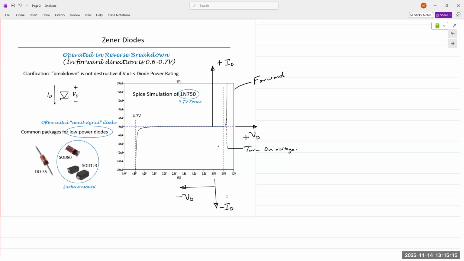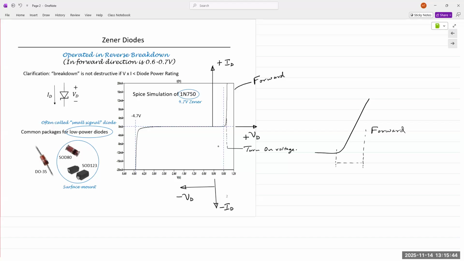The current starts increasing. And I'm going to draw this out like this, exaggerate the slope, and it looks like this. So this is forward bias, forward characteristics, right? And this increase in voltage is in millivolts or less. Okay, very, very small for most diodes.